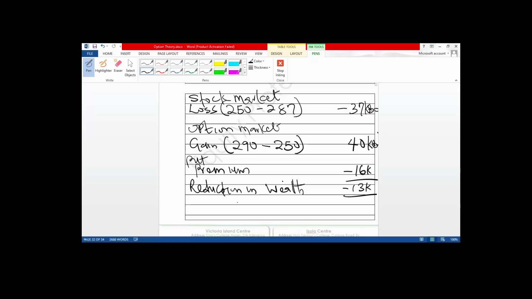Instead of suffering a 37 kobo per share loss, the loss has been reduced to 13 kobo. Option market can be used to reduce your investment loss.